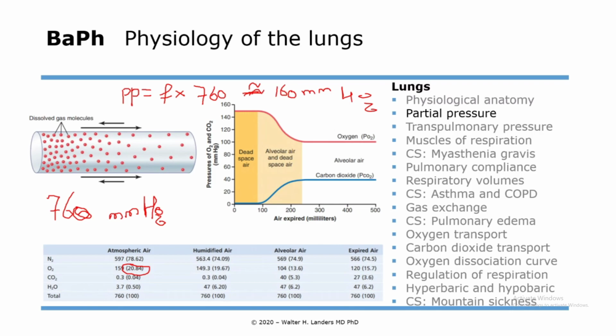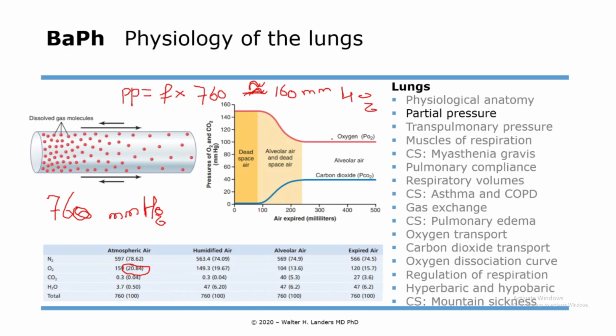What I'm saying is that if oxygen is about 20% of the total content, it means that 20% of the atmospheric pressure is caused by oxygen. It's the two squigglies. So it's about equal to 160. The pressure that all of the oxygen in the air is delivering to this atmospheric pressure is 160.